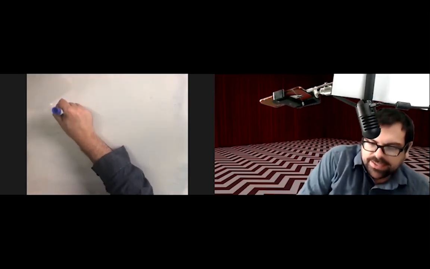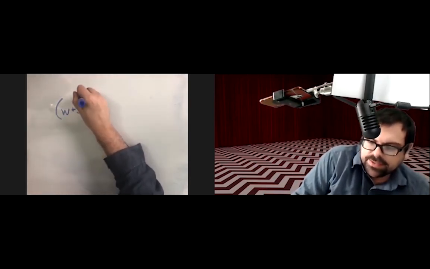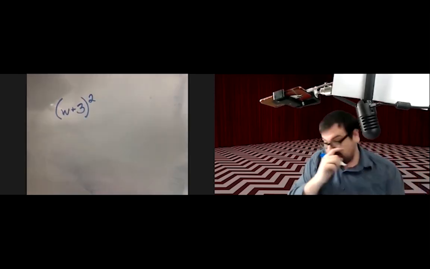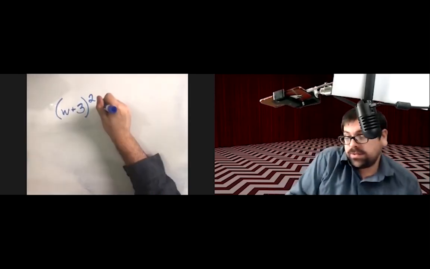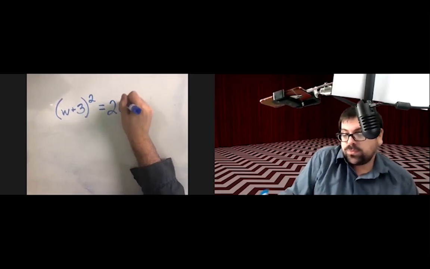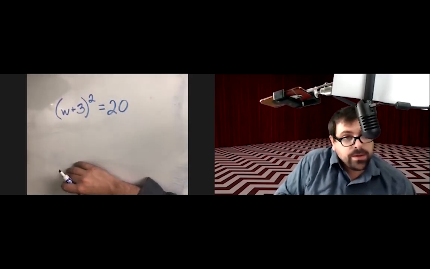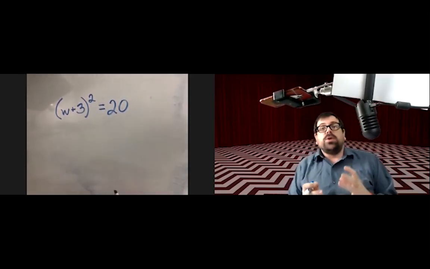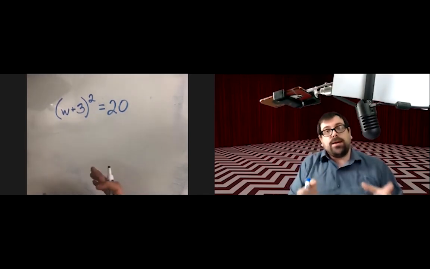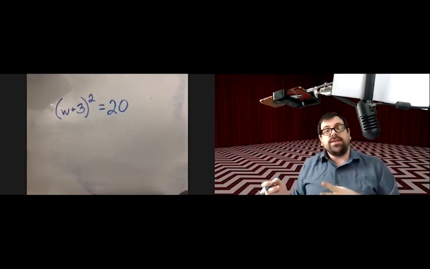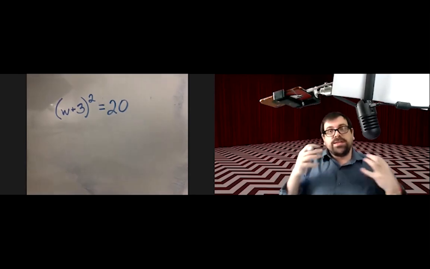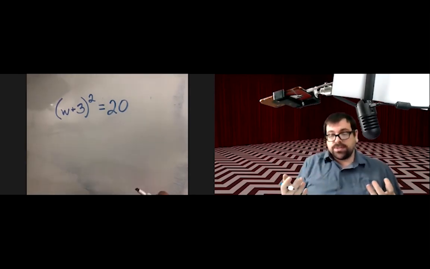And let's expand its use to something like this. (w plus 3) squared equals 20. Well, to use the square root property, we want to get a square on one side, everything else on the other, and then get rid of the square by taking square roots.